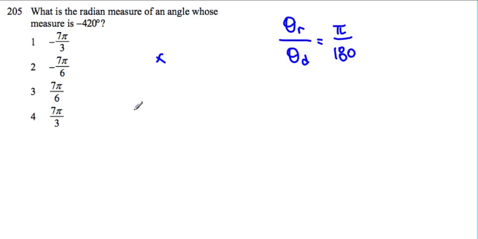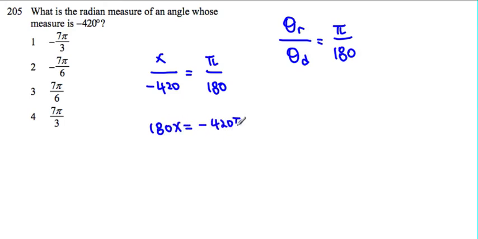So here I'm looking for the radian measure, so I put that as x over negative 420 must be equal to pi over 180. Now let's cross multiply. We end up getting 180x is equal to negative 420 pi. Now, actually, we got to divide by 180. Sorry about that.